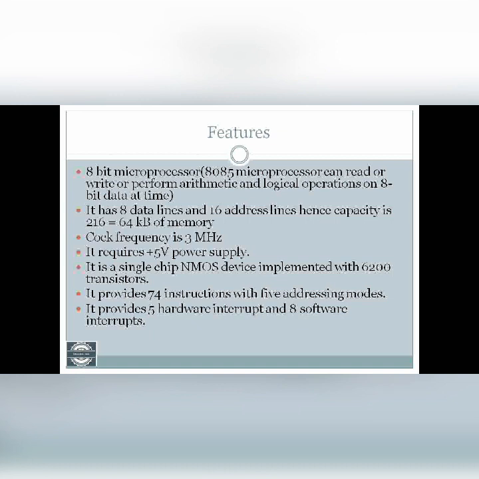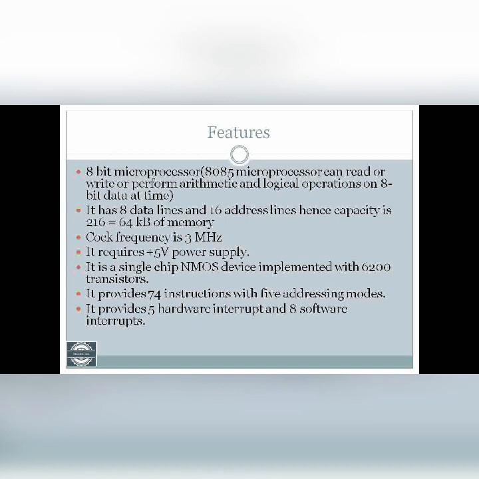It is developed in the NMOS category, not at all PMOS. Many of the architectures will show you NMOS devices implemented with 6200 transistors. And there are 74 instruction sets.